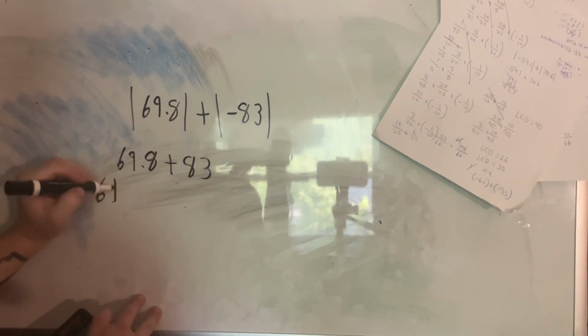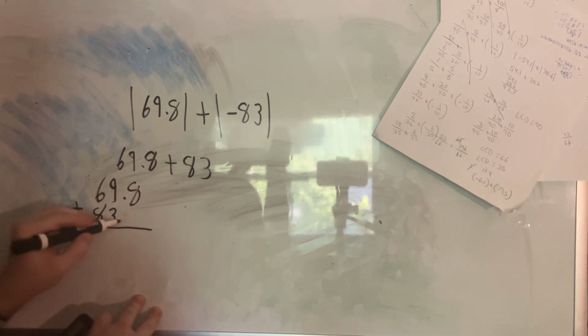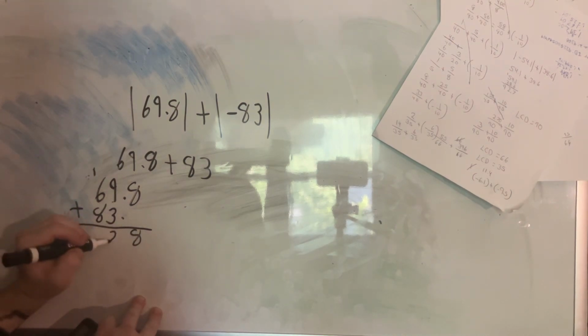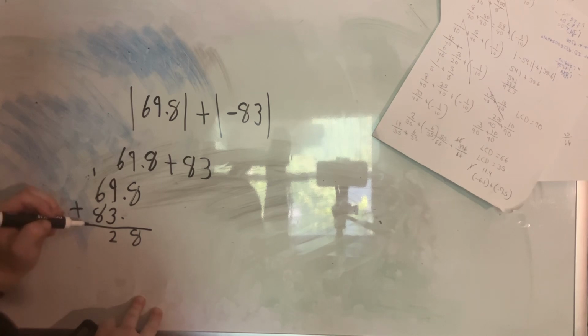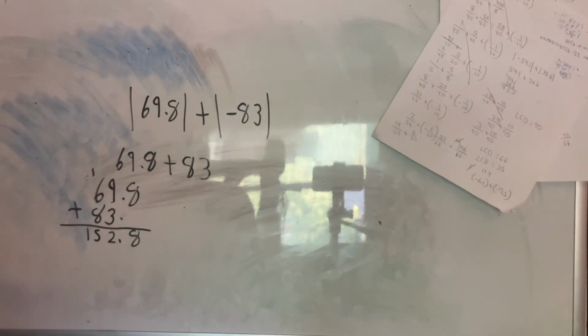So now add these together. Some simple addition here: 6 plus 8 is 14, plus 1 is 15. So it's 152.8. Okay.